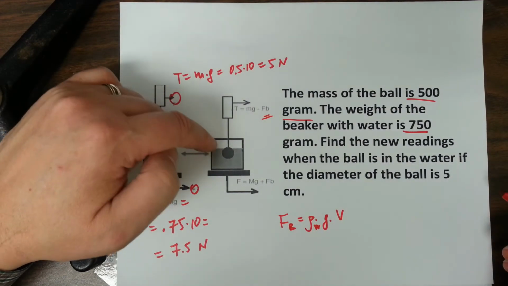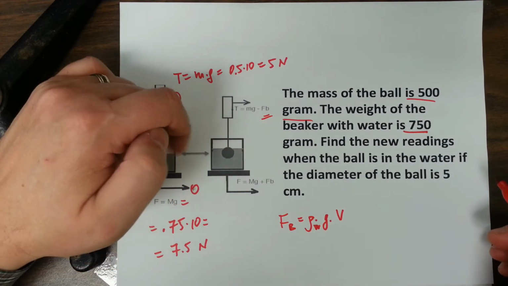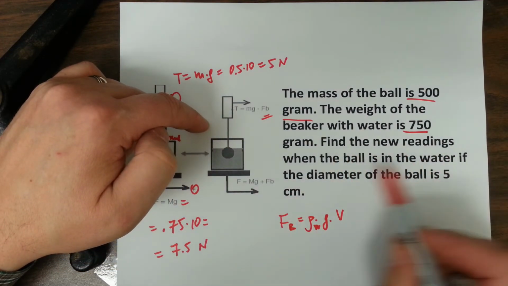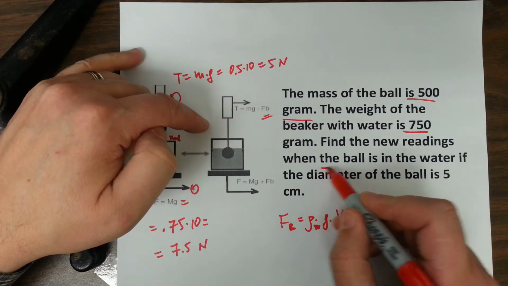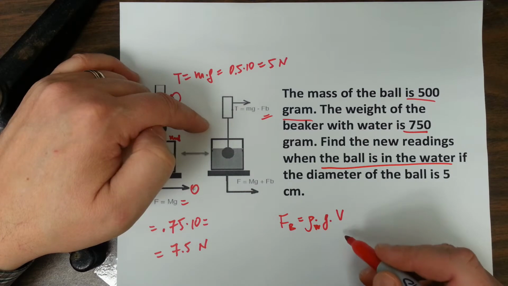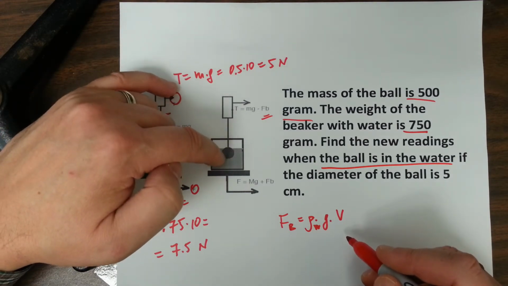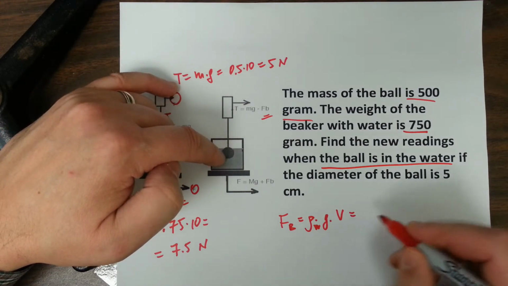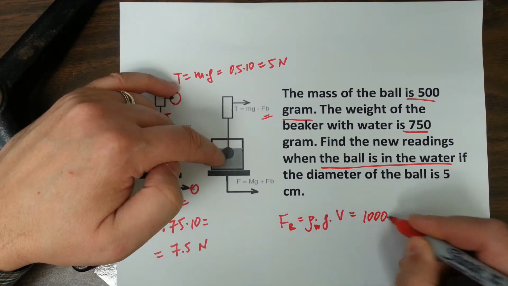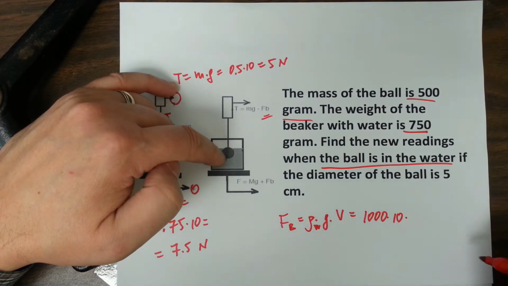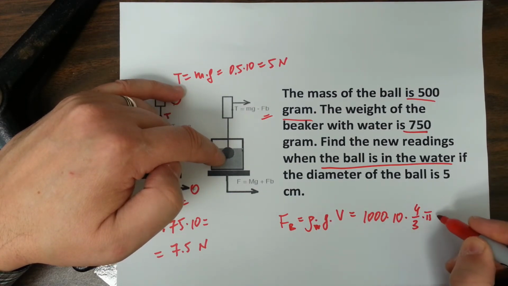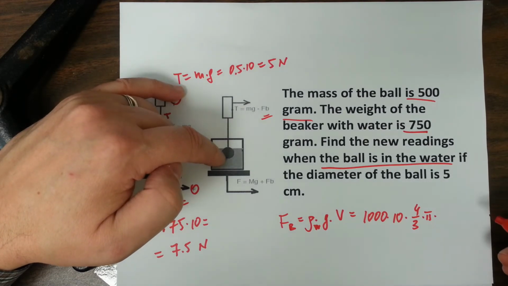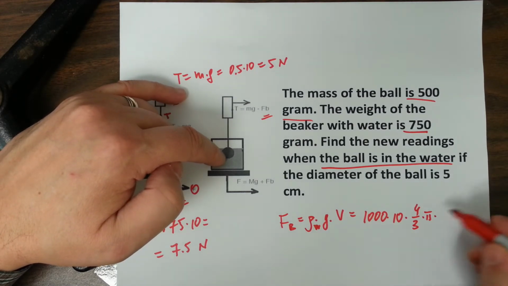volume. Well, the volume below the surface, in this situation the whole ball is in water, so this should be the total volume of that ball. So in numbers 1000, 10, and the volume of a sphere 4/3 times pi times the radius cubed.